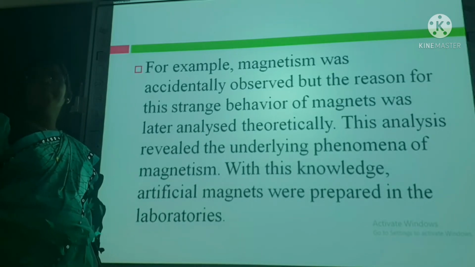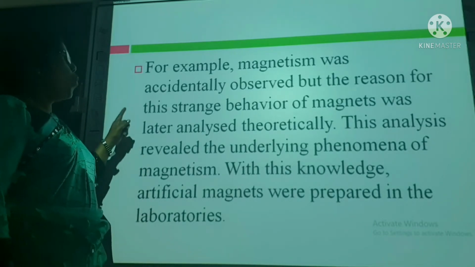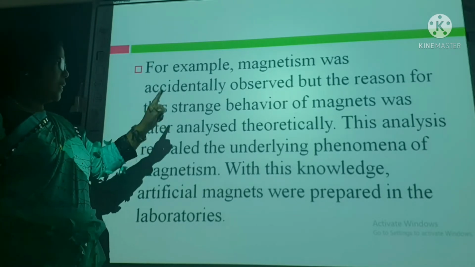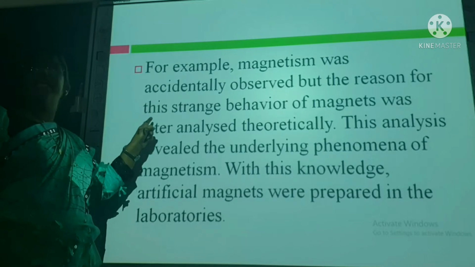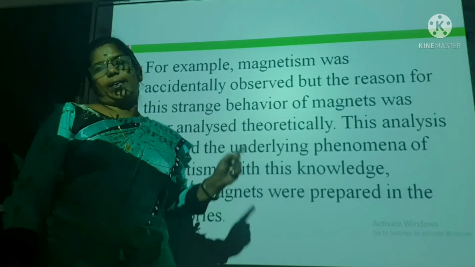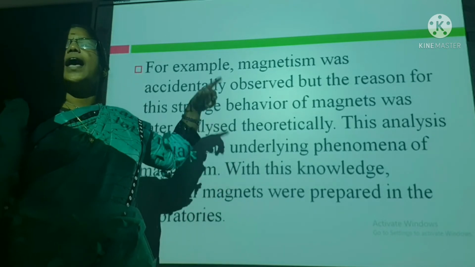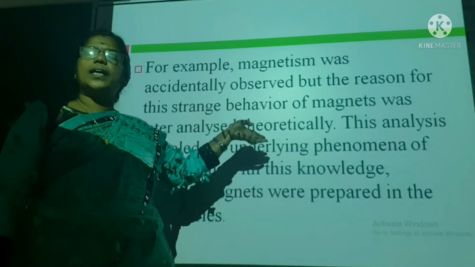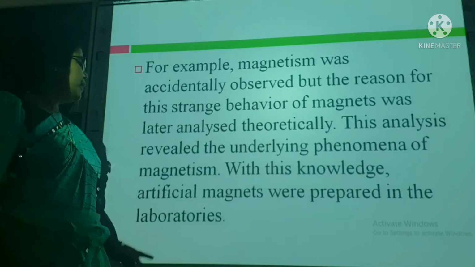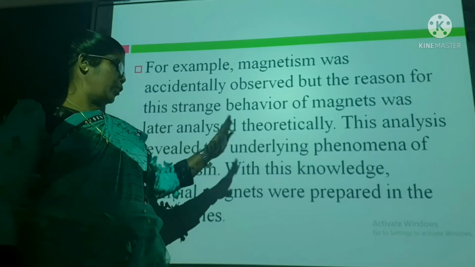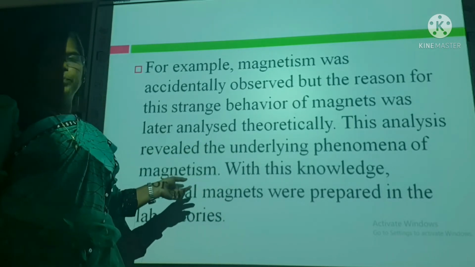For example, magnetism was accidentally observed, but the reason for the strange behavior of magnets was later analyzed theoretically. So, two methods, accidentally observed and the reason is analyzed theoretically. This analysis revealed the underlying phenomena of magnetism.